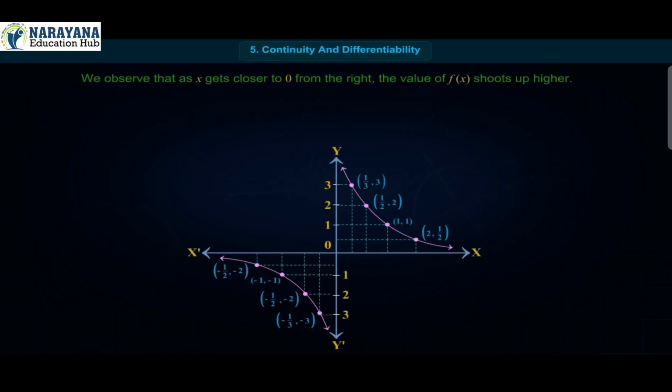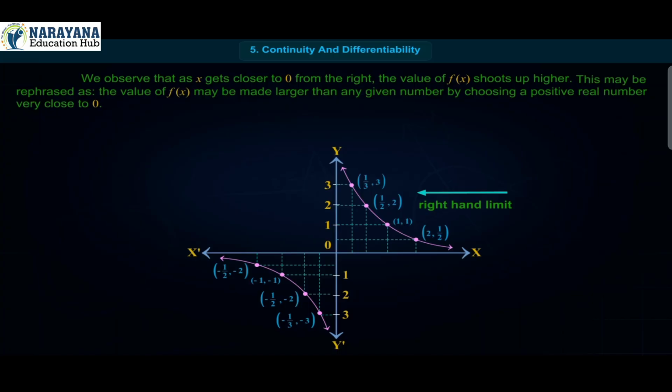We observe that as x gets closer to 0, from the right, the value of f of x shoots up higher. This may be rephrased as the value of f of x may be made larger than any given number by choosing a positive real number very close to 0.